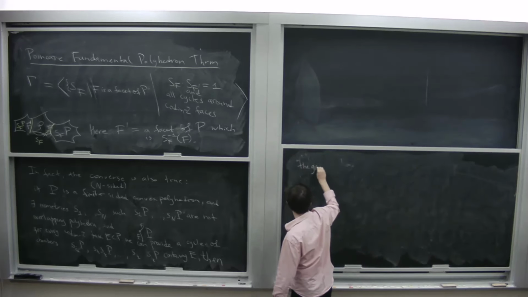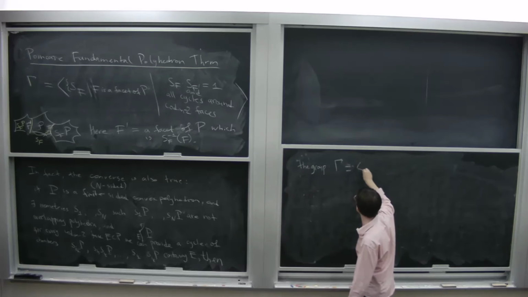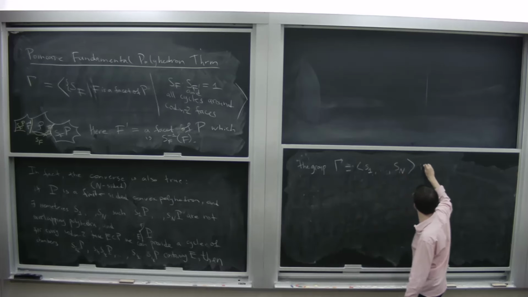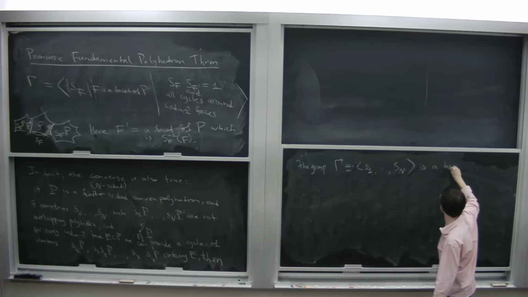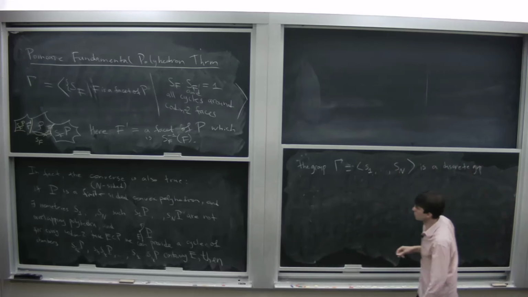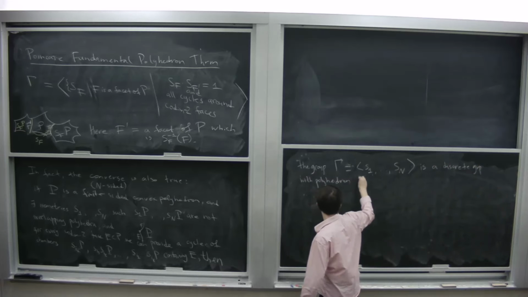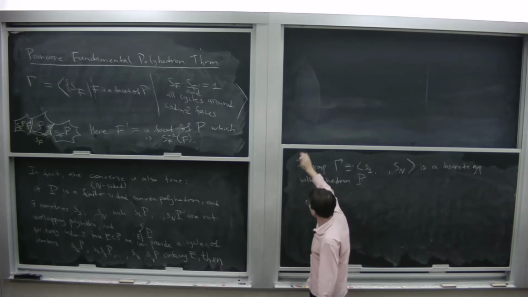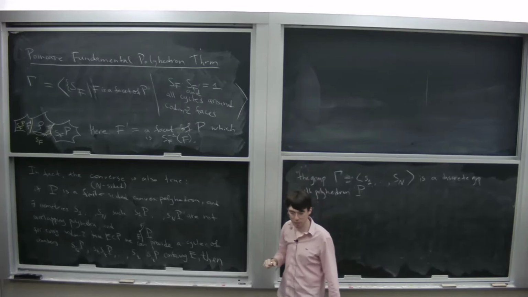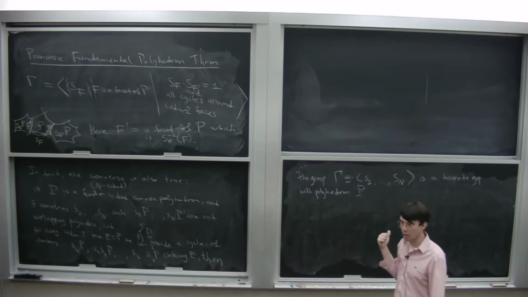Then the group gamma generated by S1, ..., Sn is a discrete group with fundamental polyhedron P. In fact, if I'm not mistaken, this is not 100% correct.